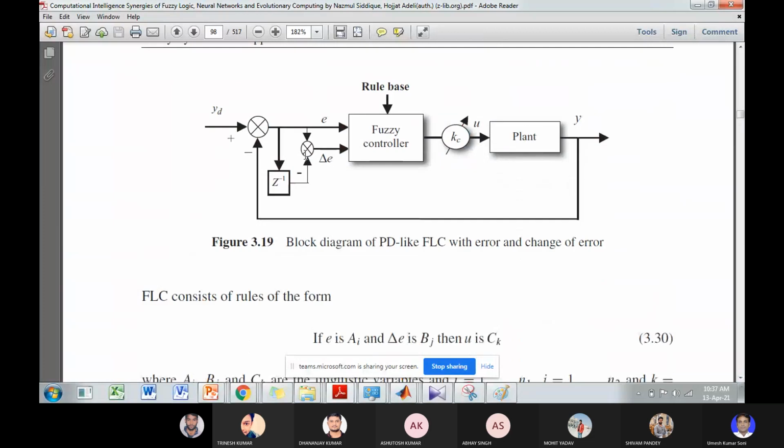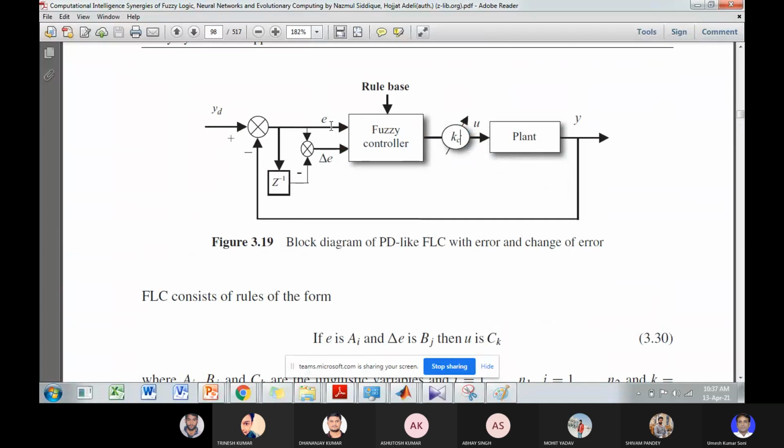Here you have the error, and the error is going to the fuzzy logic controller, as well as the difference of present and previous sample, del E, which is also going to the fuzzy logic controller. So this is a compensating coefficient. The intensity of the actuating signal to the plant can be changed accordingly.